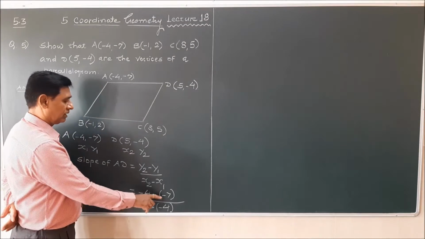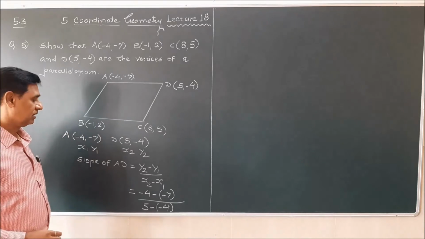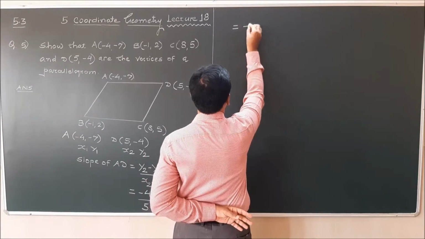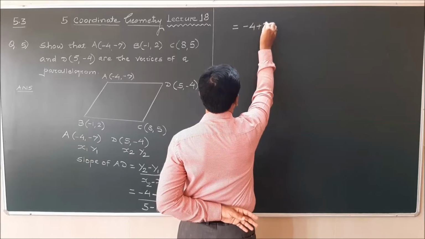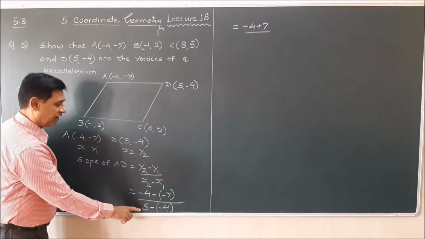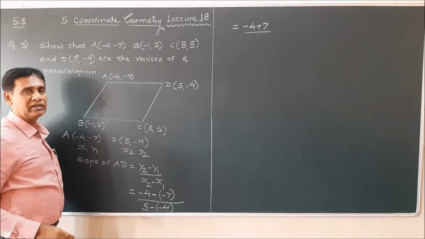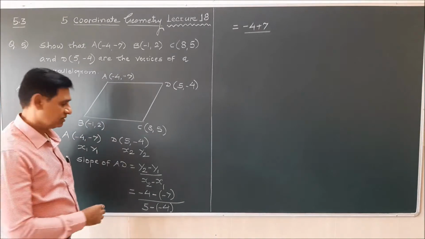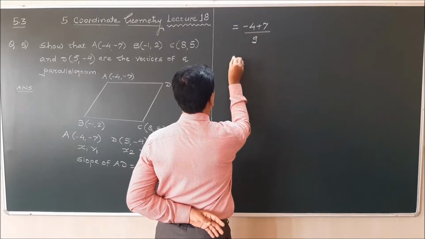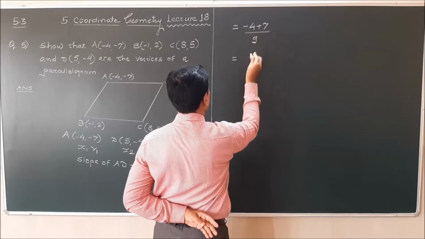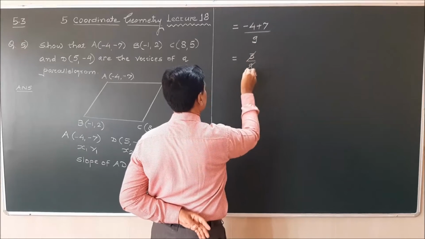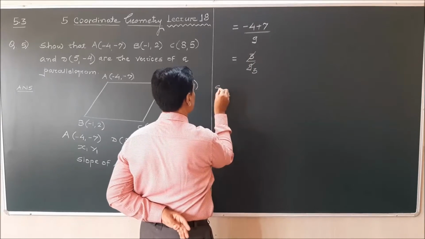Minus into minus makes it plus. So -4 plus 7, upon 5 plus 4, which is 9. Therefore 7 minus 4 is 3 upon 9. So 3 ones are 3, 3 threes are 9.